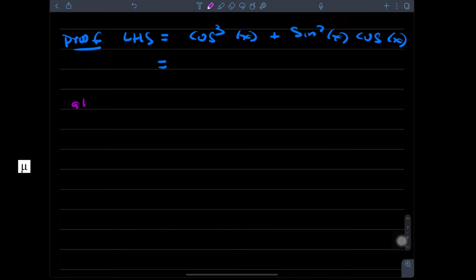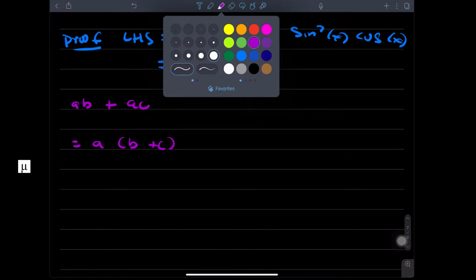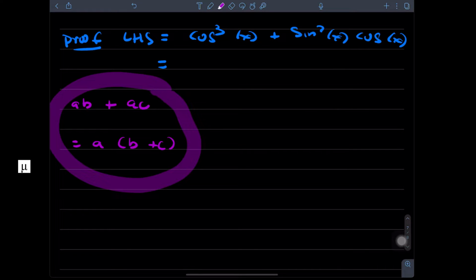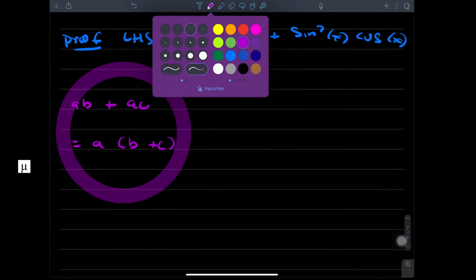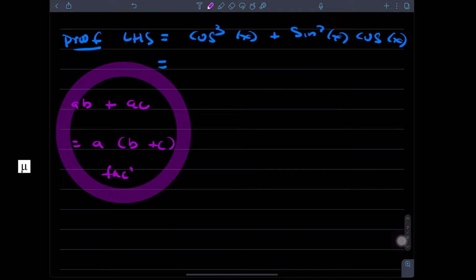You can say AB plus AC, wasn't that equal to A times B plus C? You guys okay with that? So this is actually factoring. This is a factor formula.